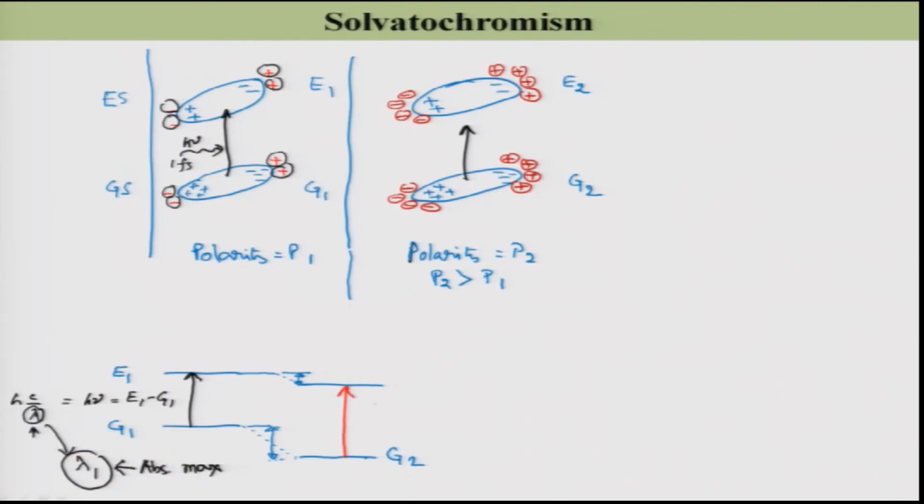So, h nu equals E2 minus G2, let us say it is c by lambda 2. Let me write nu 2, and here nu 1.